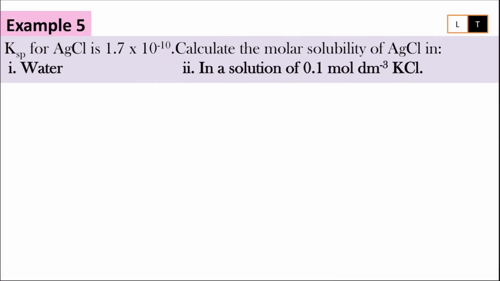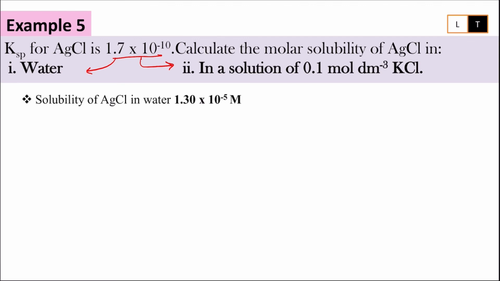Sekarang, we are going to do the conclusion. So, awak nampak nilai KSP yang sama kita guna untuk in water dan juga in KCl solution. So, kita akan compare value tersebut dan explain macam mana common ion effect ni boleh decrease the solubility. Without wasting our time, point pertama, tulis dulu solubility, value yang awak dapat untuk in water dan in 0.1 molar KCl.